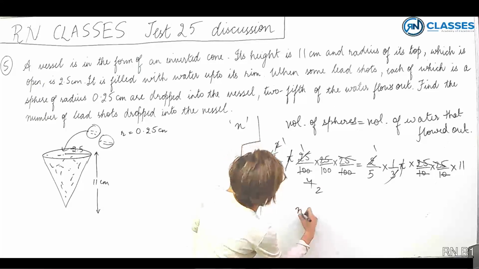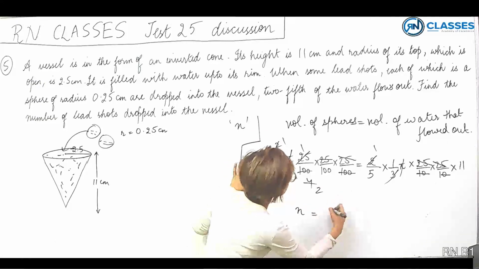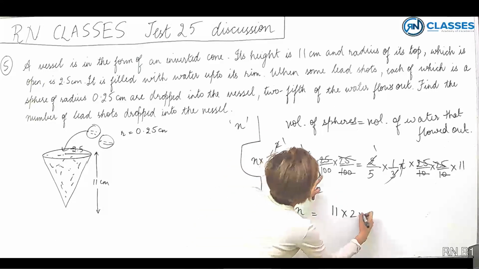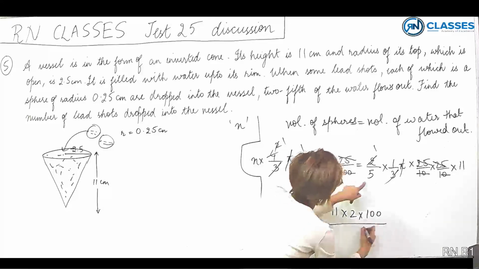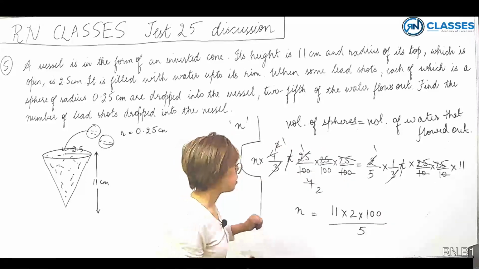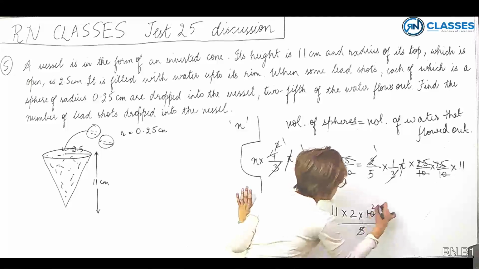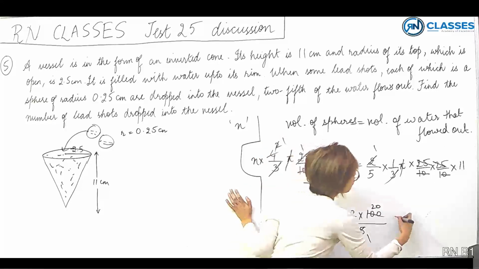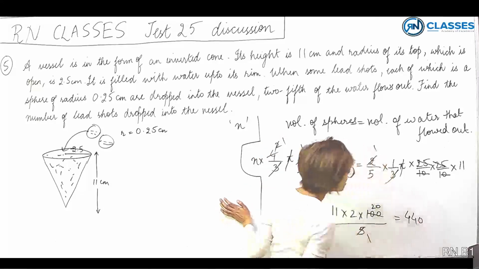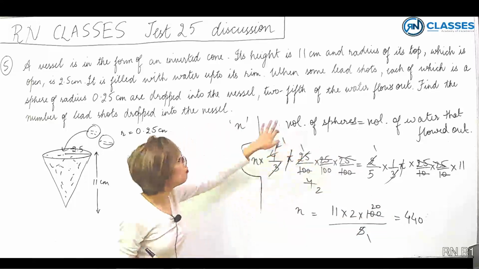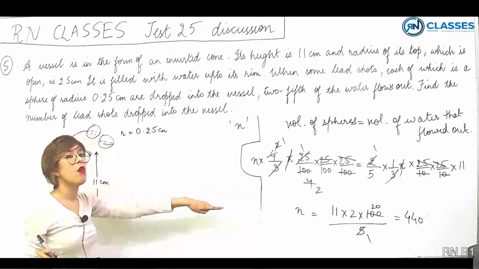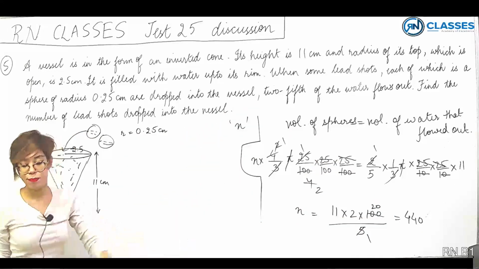So n is equal to 11 into 2 into 100 by 5. Am I missing something? No. So this is 20, so 11 into 40, which is 440. So basically the number of lead shots dropped into the water is 440 in number.